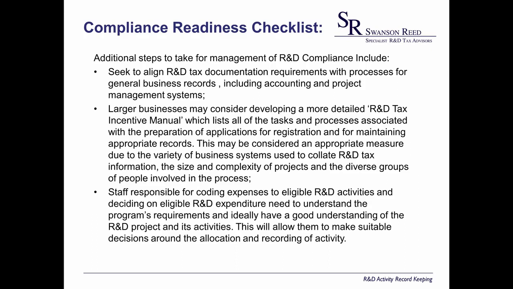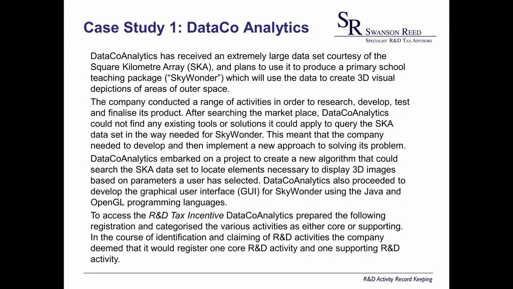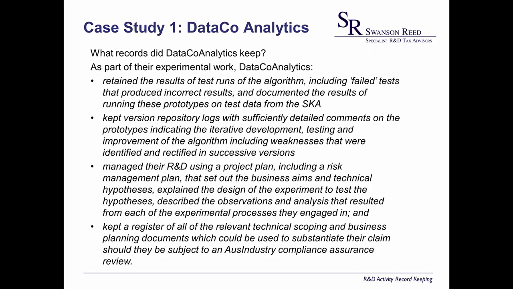This will allow them to make suitable decisions around the allocation and recording of activities. The AusIndustry guidance document also includes a case study which covers background on a company's activities, specific examples of records kept to show the relevant eligibility components.